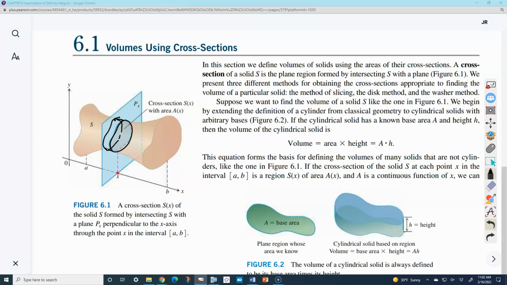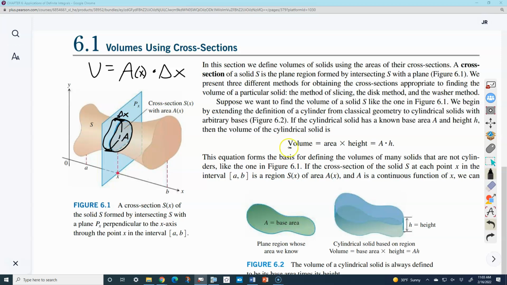So now we have a solid right here, a three-dimensional shape right here of some width delta x, let's say. So we have this area, and if you want to get volume, volume would simply be the area, let's say as a function of x, times delta x. And that would give us the volume of this piece.